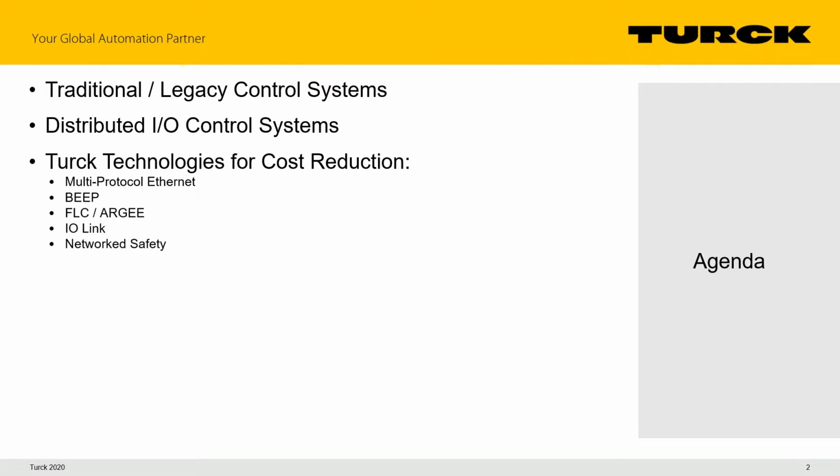While I'm going to present the Turck technologies, these are not necessarily completely Turck specific. There are other vendors that have competing products to everything that we'll look at today.